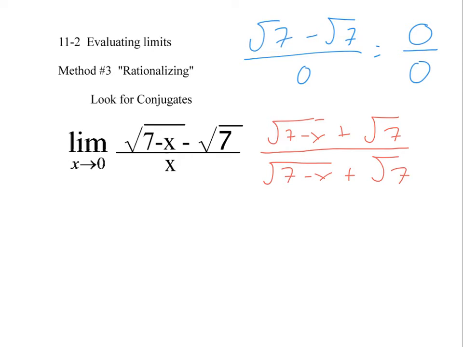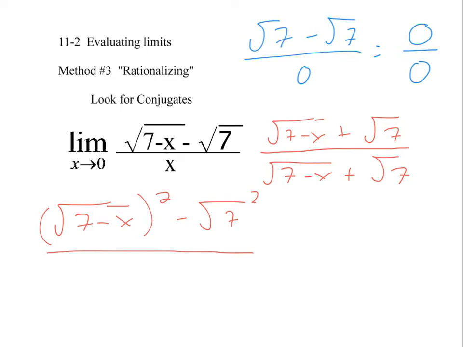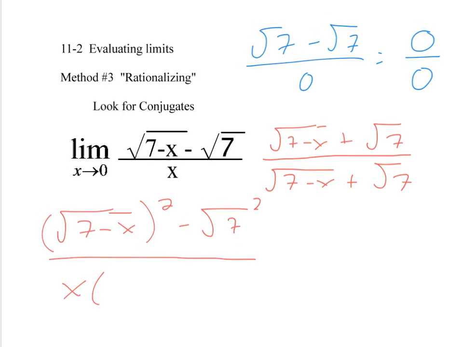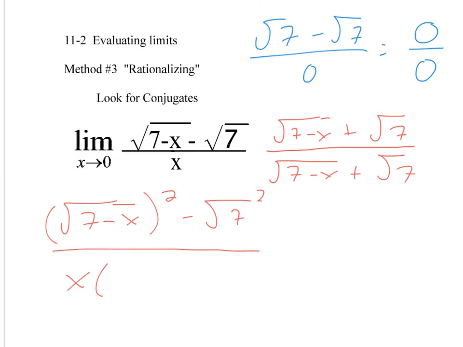So up top now I'm going to get radical 7 minus x squared minus radical 7 squared over x times root 7 minus x plus root 7.